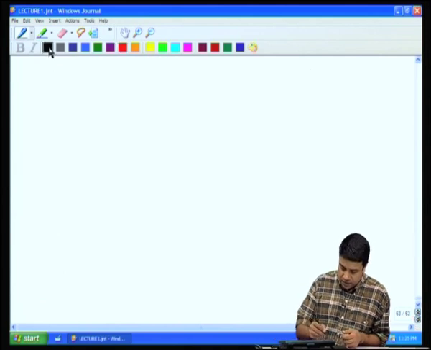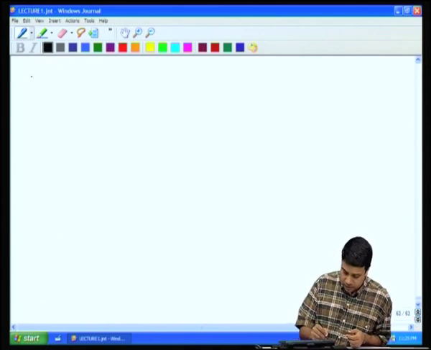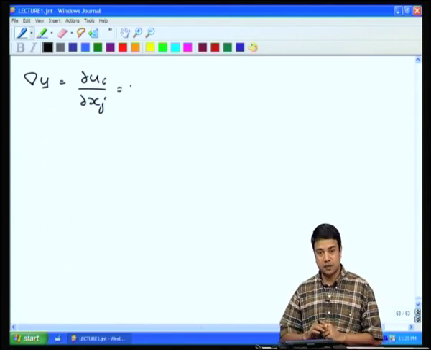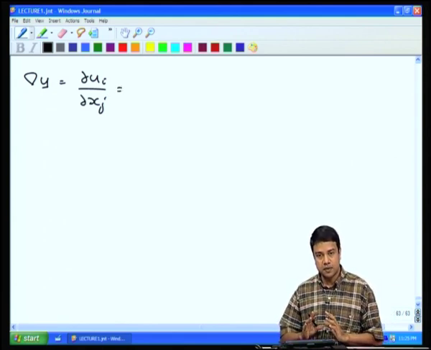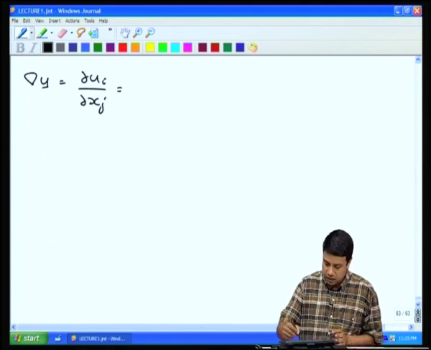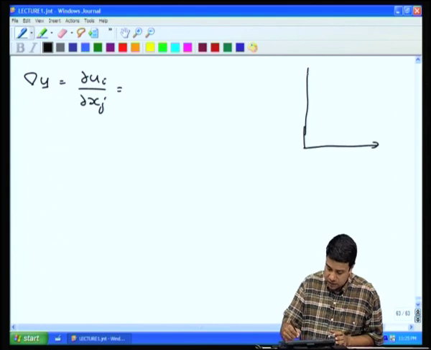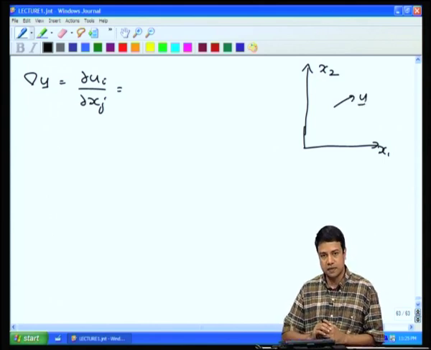So, in the previous lecture we had started that. So, M ij is equal to partial u i by partial x j. It has a total of 9 components. For the purposes of the present discussion, I will restrict attention to a 2-dimensional velocity field, some velocity vector u in this 2-dimensional velocity field.